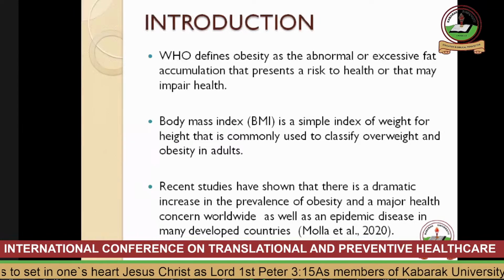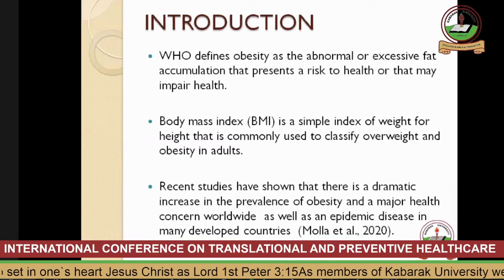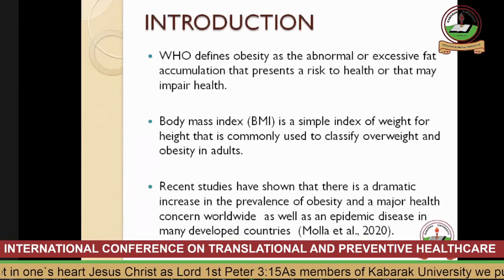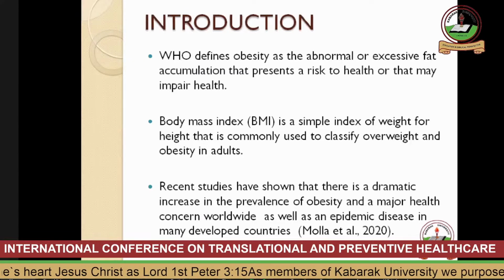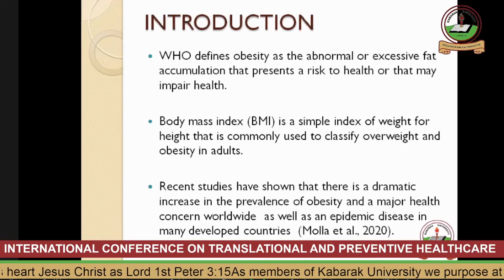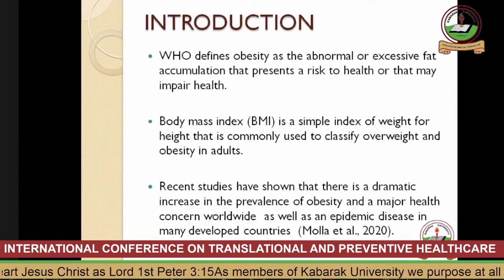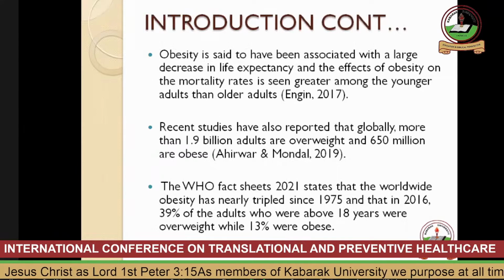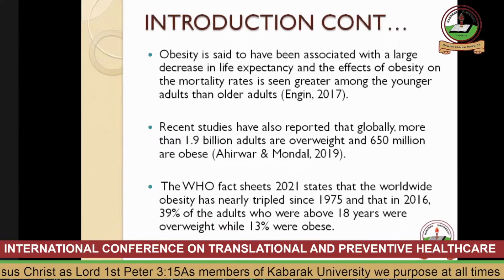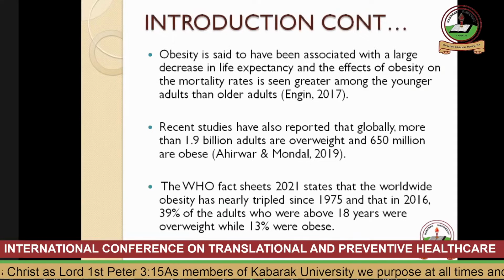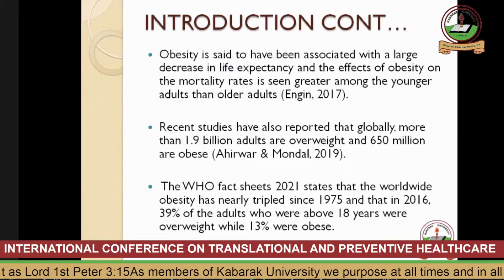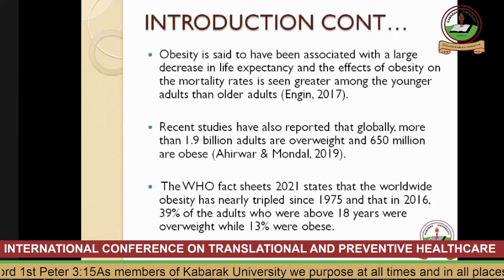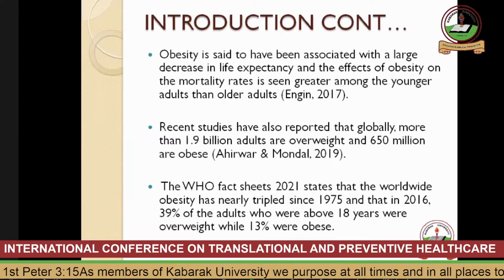Recent studies have shown a dramatic increase in the prevalence of obesity, and it's a major health concern worldwide as well as an epidemic disease in many developed countries. Obesity is associated with a large decrease in life expectancy, and the effects of obesity on mortality rates are seen to be greater among younger adults than older adults.